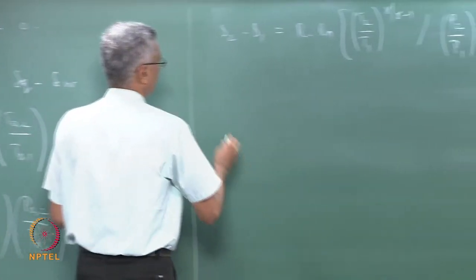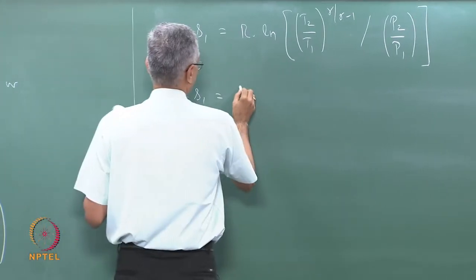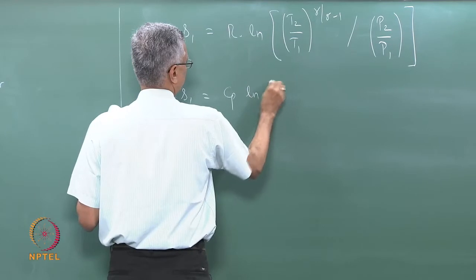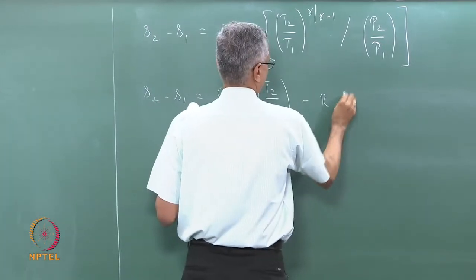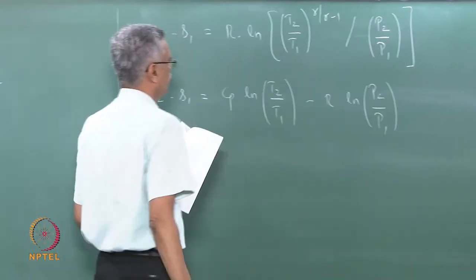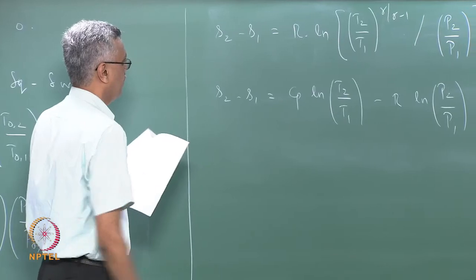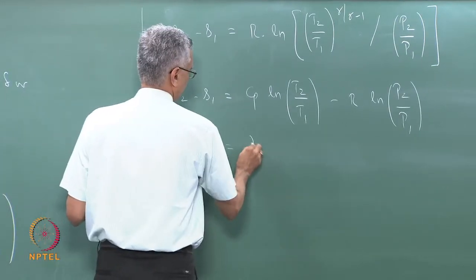The earlier equation, if you remember, looked like this: S2 minus S1 is equal to Cp natural log T2 over T1 minus R natural log P2 over P1, right, and Cp is equal to gamma R over gamma minus 1.